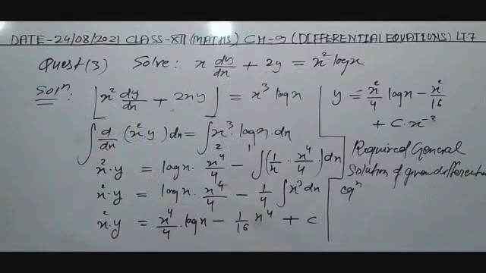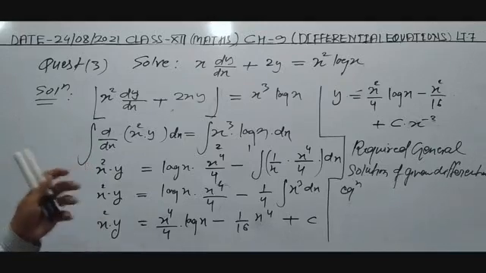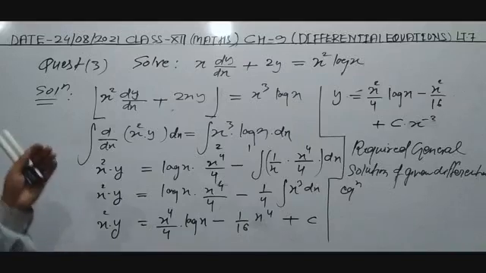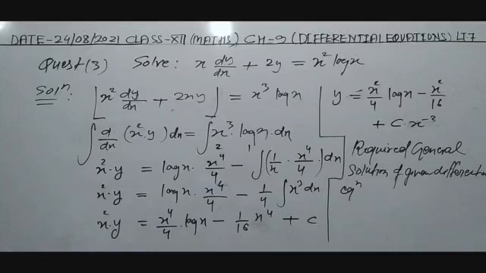Now again you have to find the integrating factor. Before finding the integrating factor, you have to compare with the general form, and you will get the values of p and q. p is equal to 2 by x, and q is equal to x times log of x.